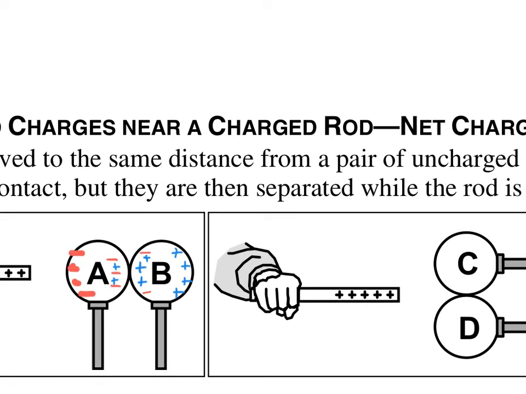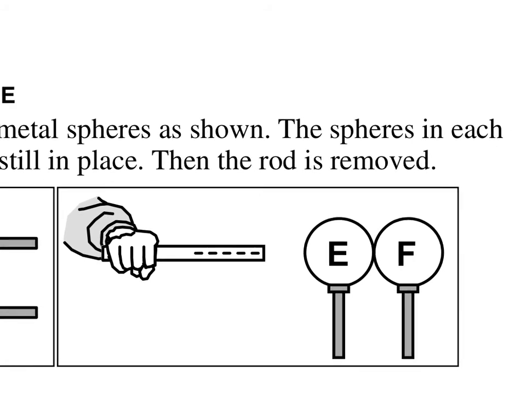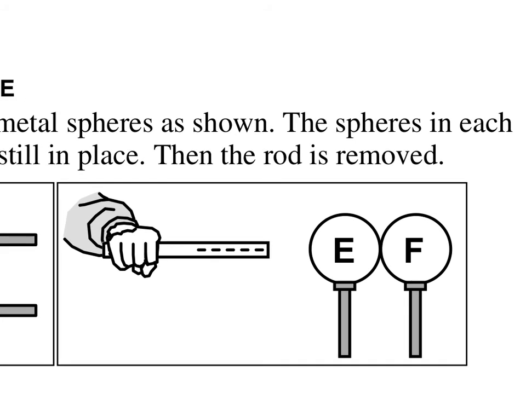And so over here on this one, the opposite would be true. I would expect, and I'm going to do it in a particular order, this negatively charged rod brought near to E will cause negative charges on E to go away from the rod.